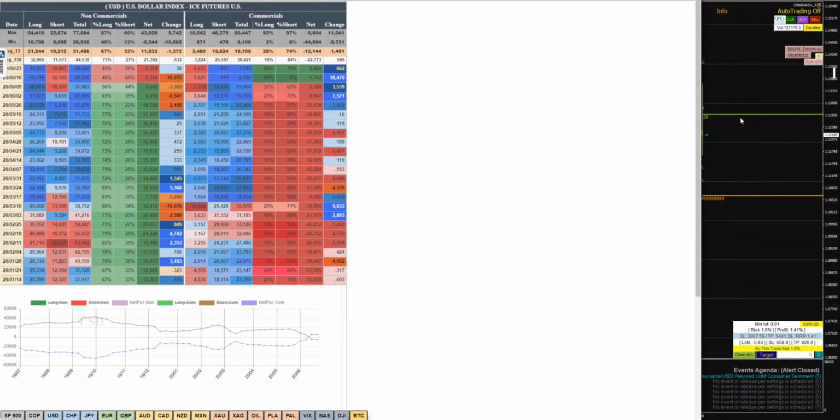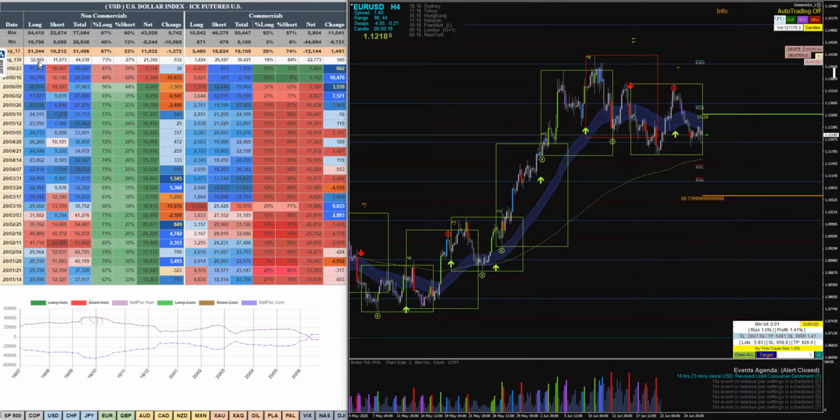On the dollar, we can see that the banks, hedge funds, or the large speculators, let me bring a different color so we see it better, have brought in short positions, and they have reduced their long positions quite a lot, I mean something like 10k. This is making the dollar, for the first time this year and actually since 2008, go into negative territory, which is quite interesting, and many people might start to think the dollar is going to be dead.